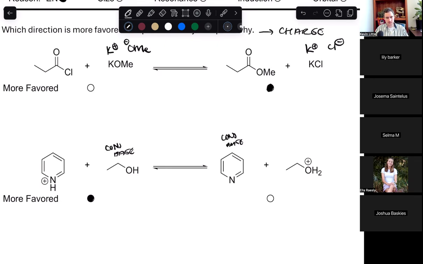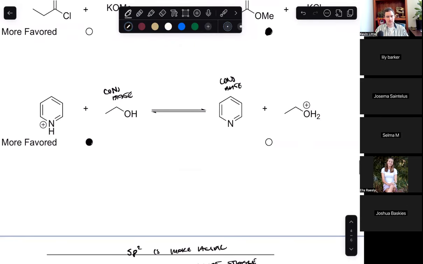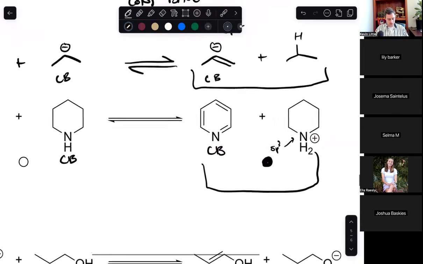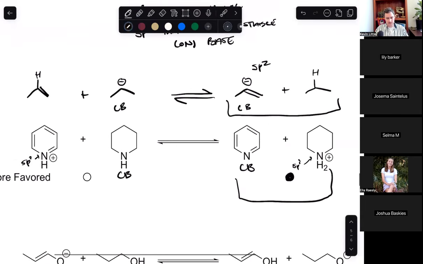Electronegativity is going to play a bigger role than hybridization. Okay, that makes sense. Hybridization plays a pretty small role, which is why this question's hard, right? Hybridization is actually a pretty small difference, but it is a difference.